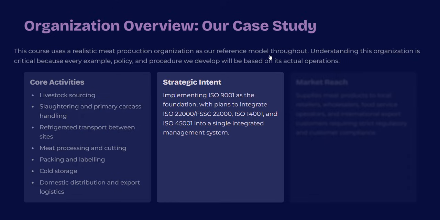Our strategic intent here is to implement ISO 9001 as the foundation, and we will link all the courses together, because we are planning to integrate ISO 22000, ISO 14001 and ISO 41001 into a single integrated management system.